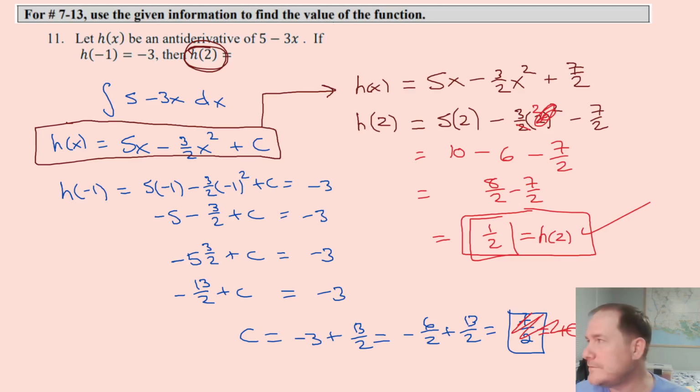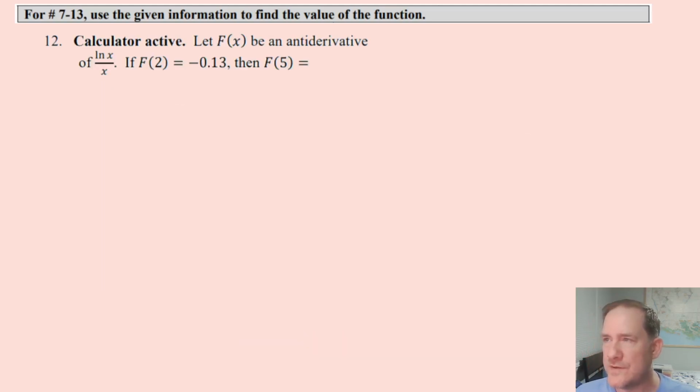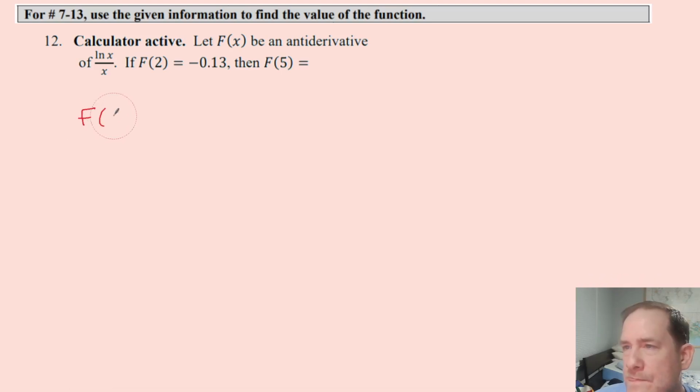Are these going to get more interesting, or is it going to be more of the same? So this one says use your calculator and let f of x be an antiderivative of this thing, f of 2. Yeah, this is just more of the same. I am getting bored of this, so you guys must be too. But to find f, they're literally telling you it's an antiderivative of the ln of x over x dx.